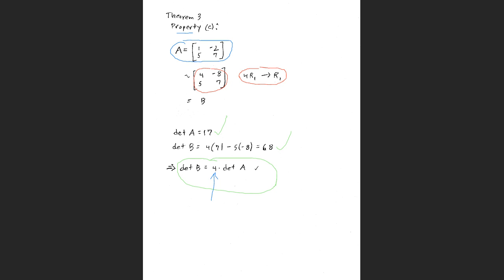And so that confirms Rule C. Are there any questions at all?